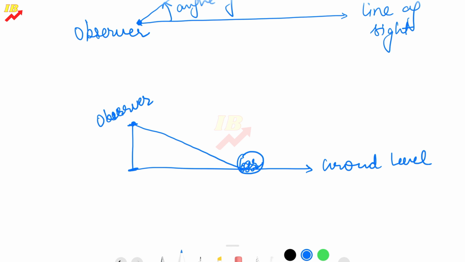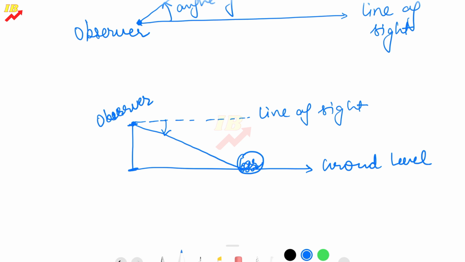So from the top of a building, you're gazing downwards. Suppose your line of sight is lying here. Line of sight is basically where you can easily take your eye horizontally. So this angle is the angle of depression, that you're moving it down.